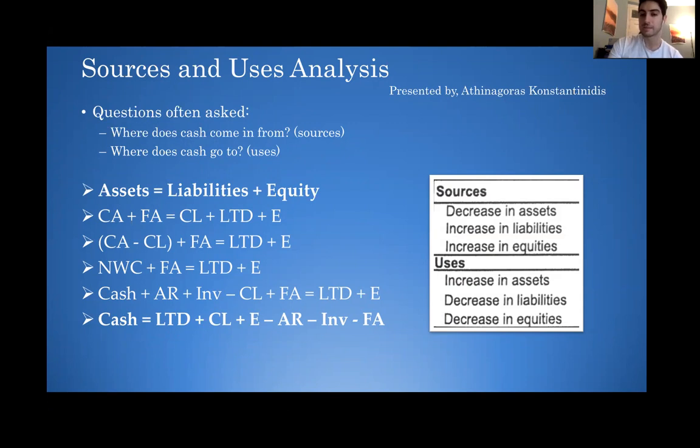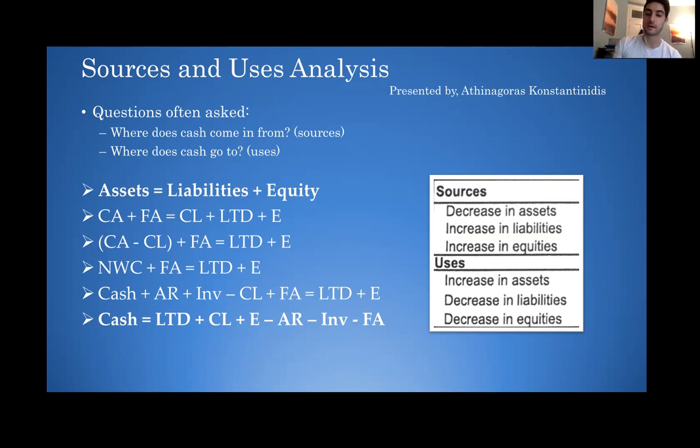It means that if assets are increasing, then it was a use of cash because you need cash to increase your assets. Like if you want to buy, as in the previous example of the restaurant, raw materials or tables or whatever, or make capital expenditures, then that is a use of cash and it increases your assets.